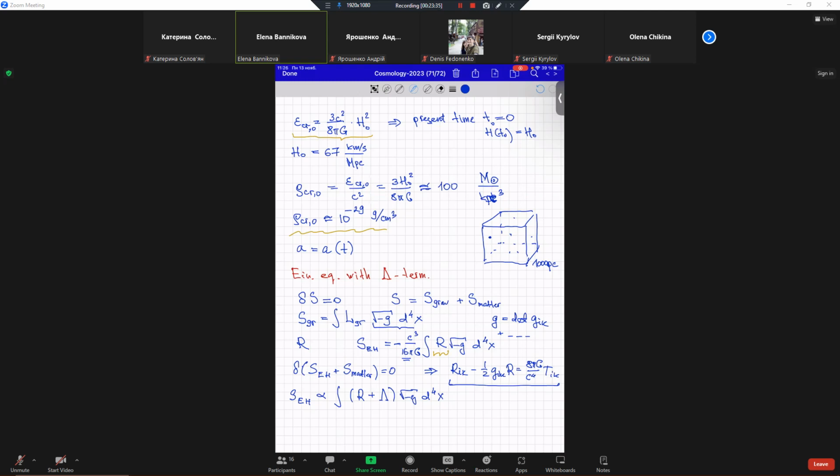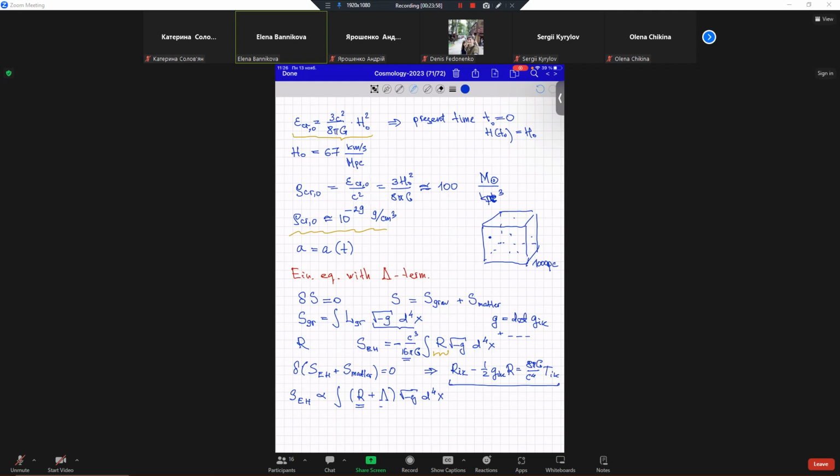He understood that as soon as you consider only this summand, the scalar curvature, the universe will evolve and will not be static.